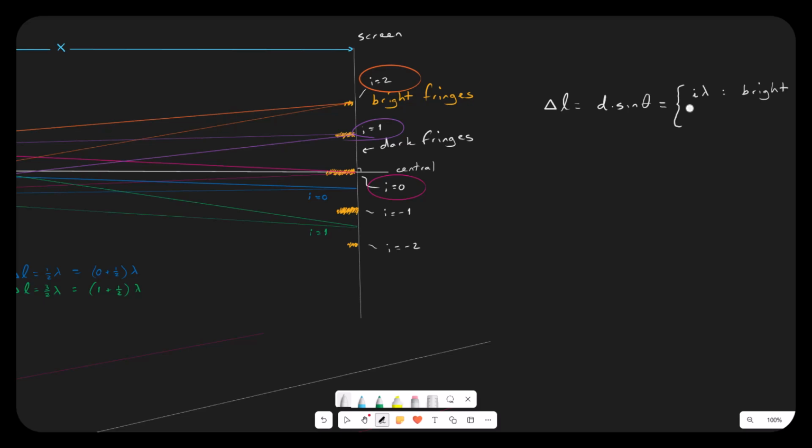If it's equal to something and a half wavelengths, I get a dark spot. And that's really it for two-slit interference.